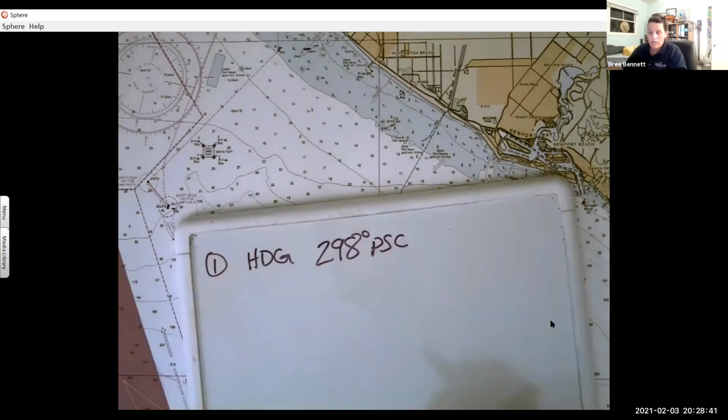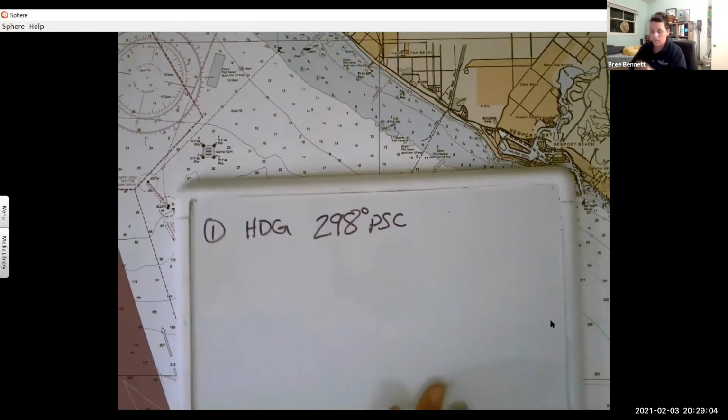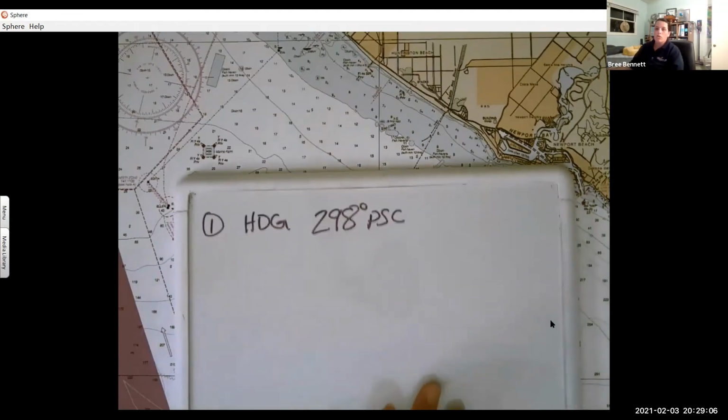At 0830, we take a bearing using the ship's compass to find Hoag Hospital, bearing 061 PSC, and the south stack of the Huntington Beach Power Plant, bearing 070. What is our 0830 position, and what's our true course?